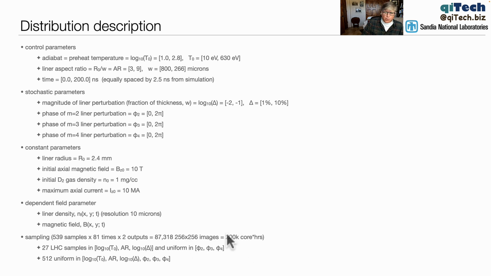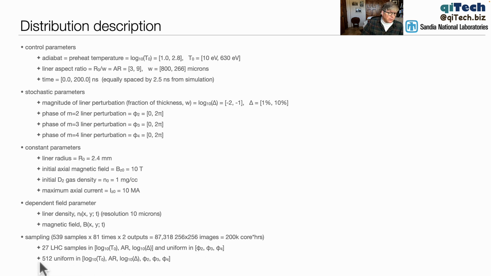This took 200 core hours on the Livermore supercomputer, and in wall clock time, using about 2,400 cores or 60 nodes, it took about a week of computation. 227 of these samples were Latin hypercube sampled in terms of the log of T naught, the aspect ratio, and the log of the liner perturbation, and uniformly in the phase angles of the perturbation.